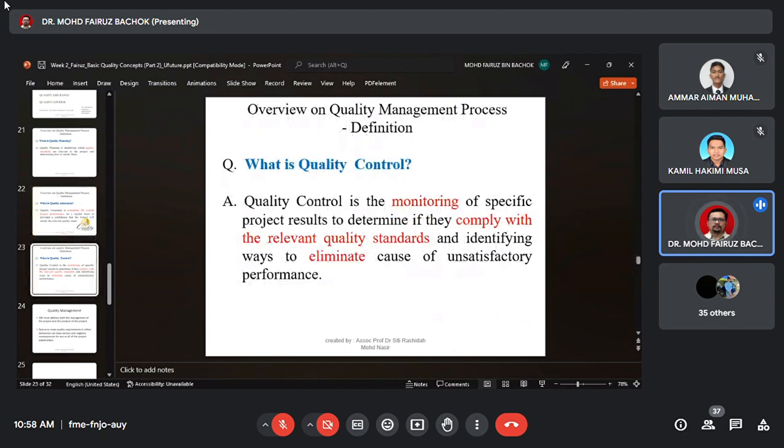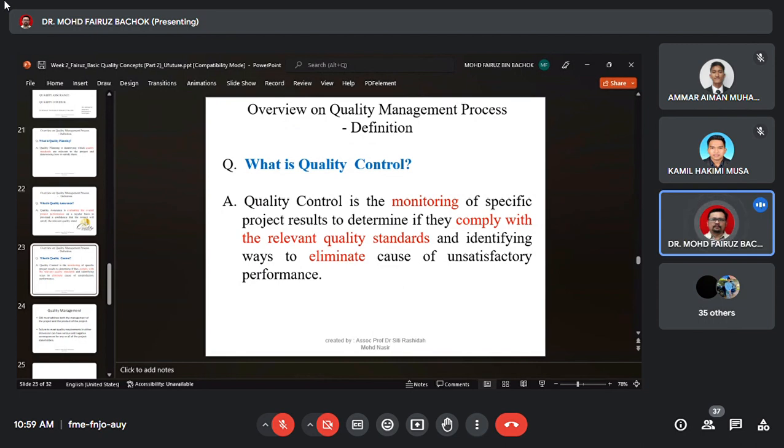And what is the quality control, after that thing has been constructed? The definition of control is the monitoring of specific project results to determine if they comply with the relevant quality standard and to define ways to eliminate the causes of unsatisfactory performance. After the project has been completed, you go and look carefully at all the construction.